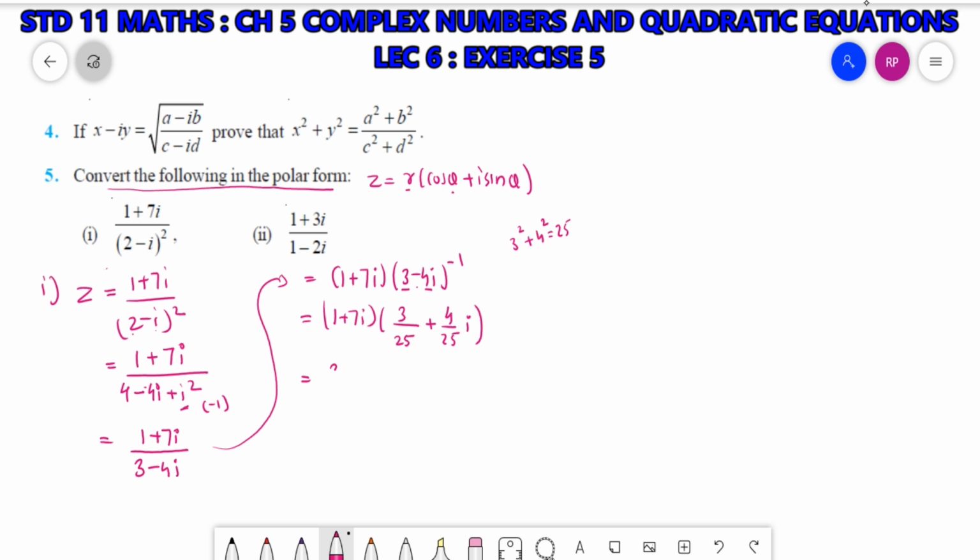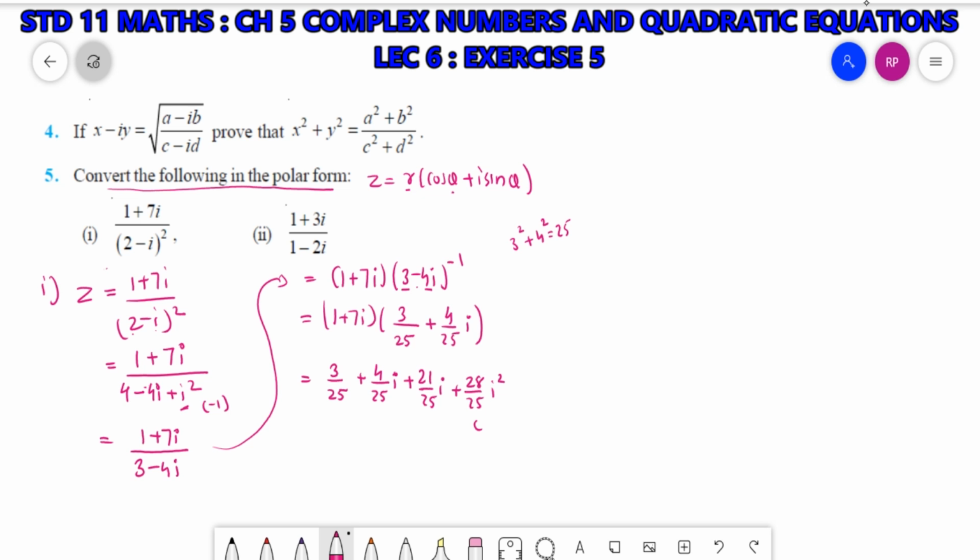1 into 3 by 25, it's 3 by 25. 1 into 4 by 25 i, 4 by 25 i. 7i into 3 by 25, 21 by 25 i. Plus 7 into 4, that is 28 upon 25 i square.